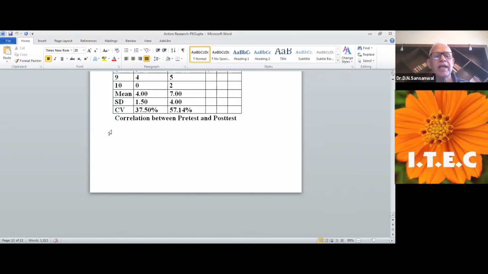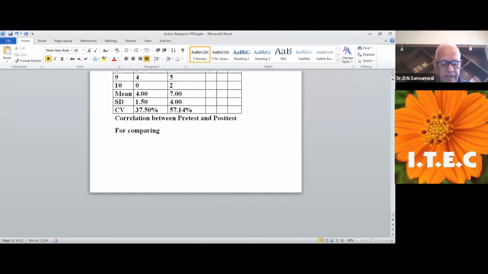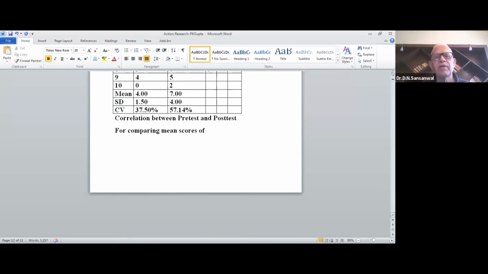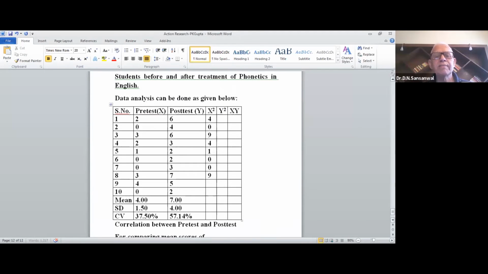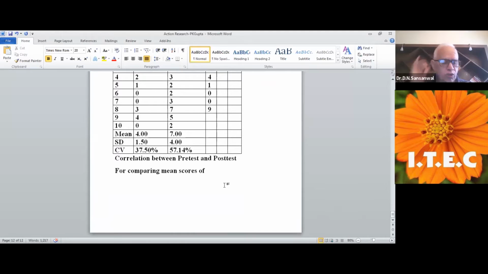So for comparing mean scores of the variable, and I think here the variable was achievement in spelling, the correlated t-test, or you can say the paired samples t-test, can be used.